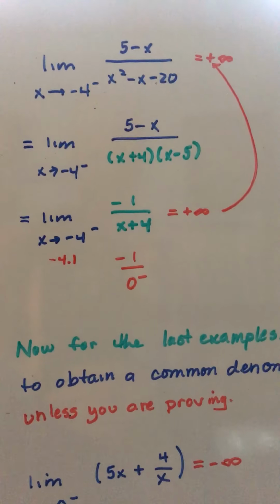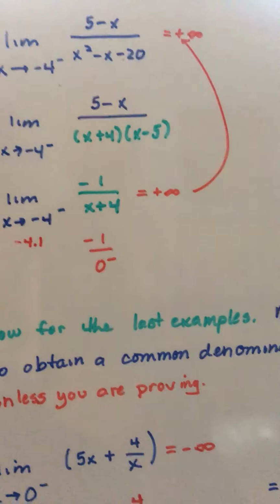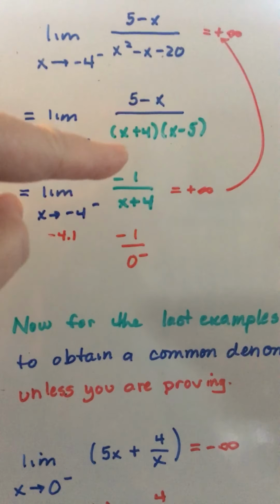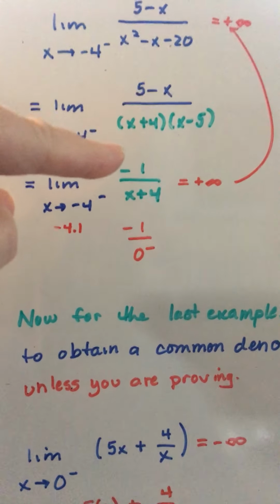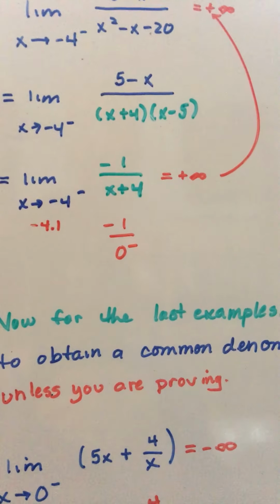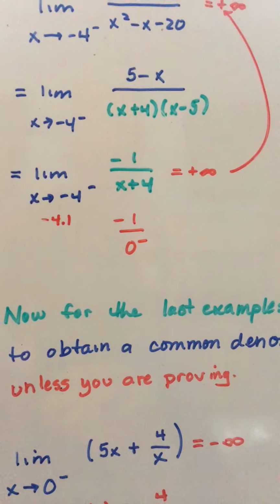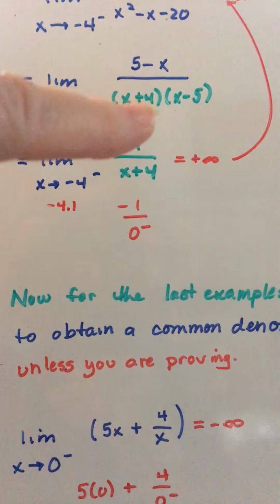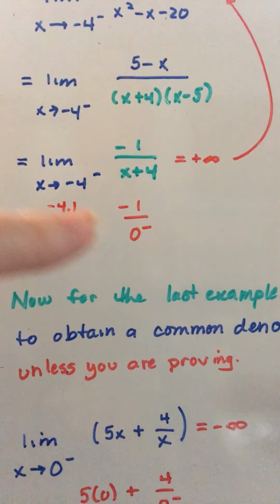There's no way around it, so I must factor. Notice these two add together and give you 0, so they're inverses. Because when you have opposites and they add and give you 0, you know when you divide them, you get negative 1. So I now plugged in again, and I had negative 1 over 0.